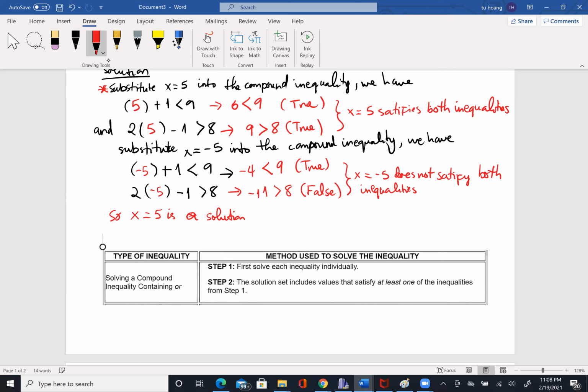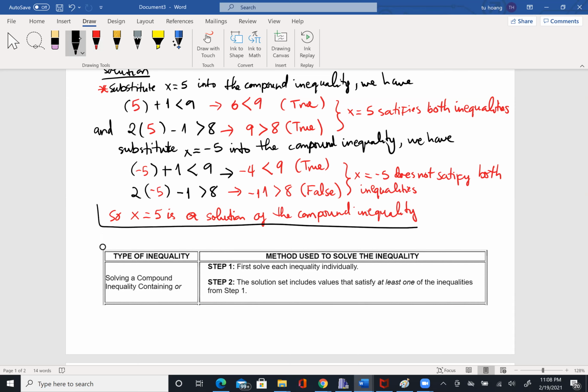So I'm going to say x equal to 5 is a solution of the compound inequality. Okay, so let me circle this.